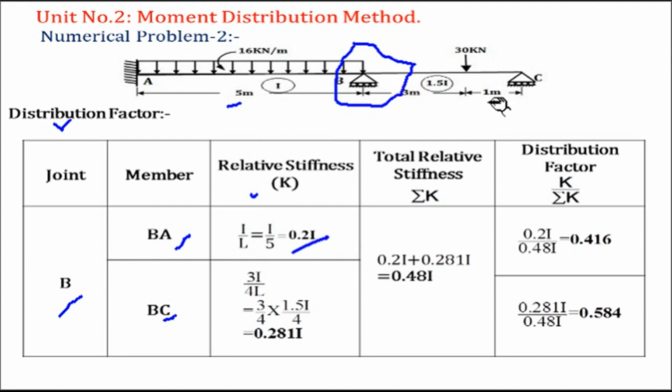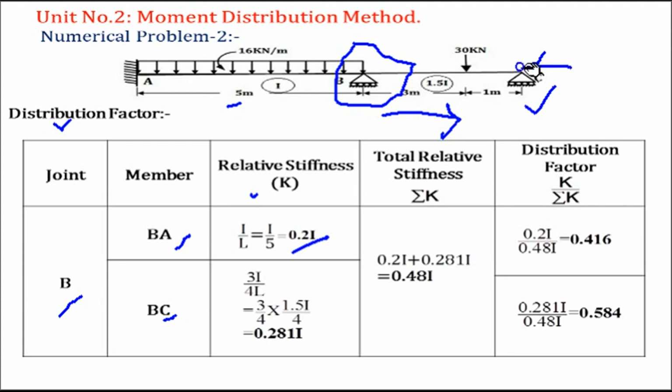Now for BC. C is a continuous support, either a roller support, hinge support or overhang support. For span BC, the far end is C, which is simply supported with a roller or hinge support, or it might be hanging.